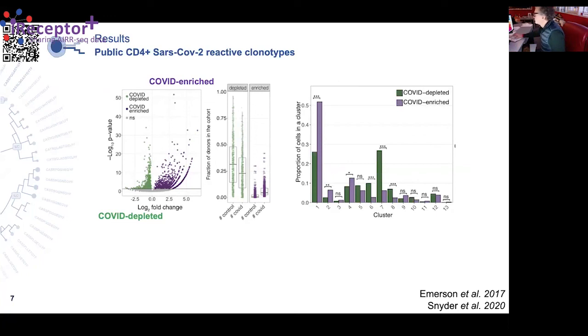But for CD8, there is only one single cell data set of CD8 cells, and we couldn't be sure of the specificity because the stimulation time, in our opinion, was a bit too long. So we decided not to work with this data and to do only CD4 for this study. But I would assume it should of course work also for CD8.